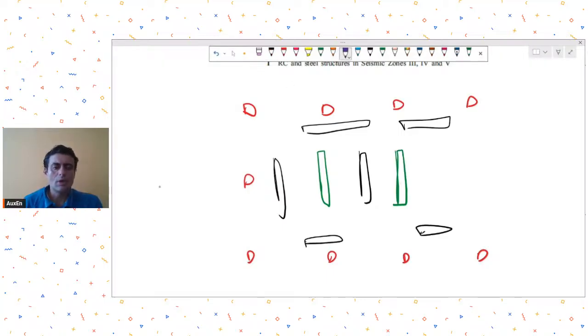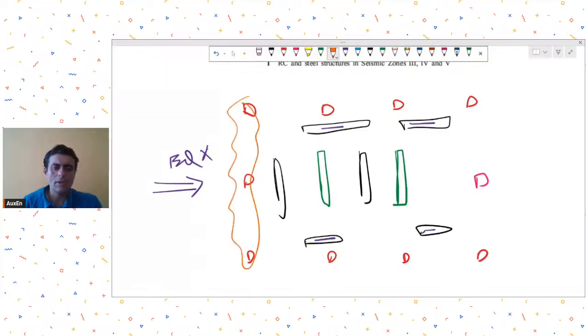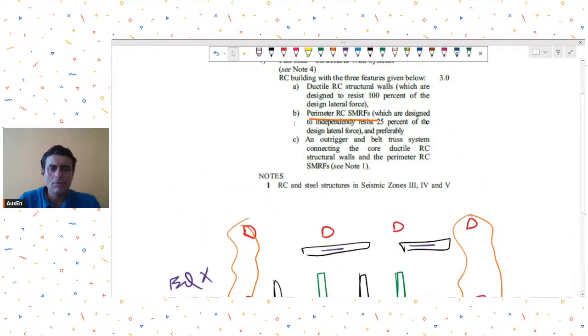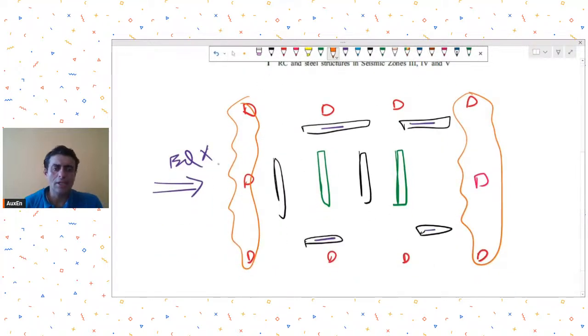So for the EQX direction, you have these shear walls that will resist your EQX. Now, in addition to this, your peripheral frames, because they are on the periphery, will also attract large axial forces and they will resist the earthquake force in terms of the axial forces.